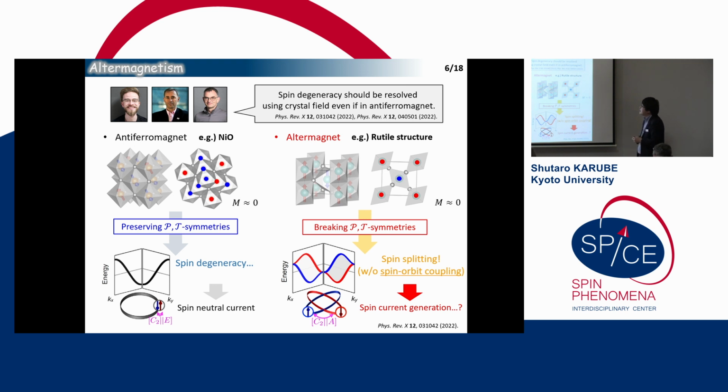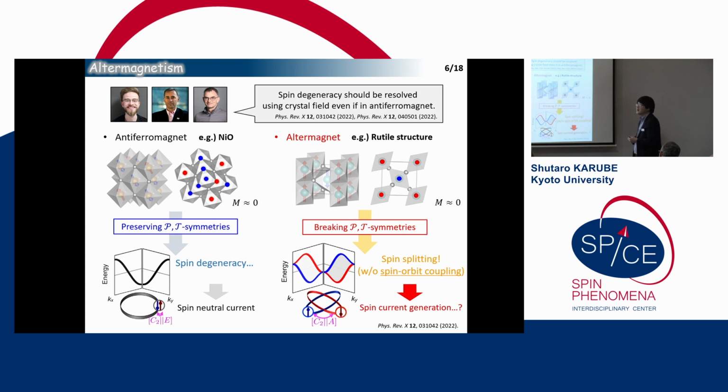On the other hand, in an altermagnet, up and down magnetic moments in the different, anisotropic crystal field with antiferromagnetic coupling have a different band structure. So in this case, we can break the parity and the time reversal symmetries.